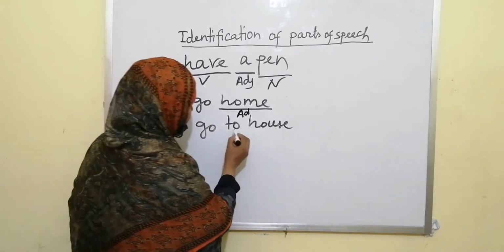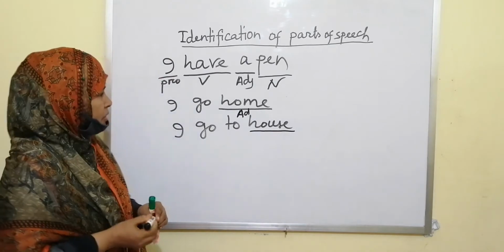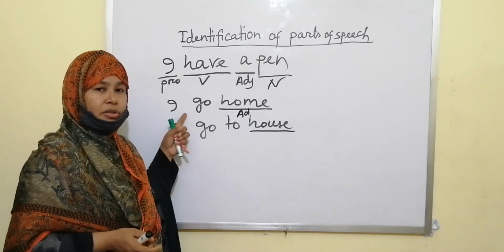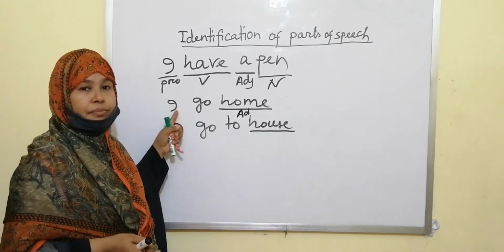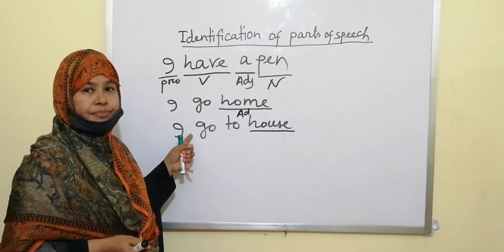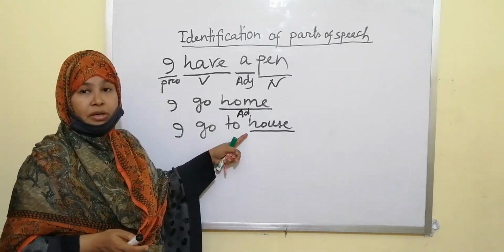I go to house. Dear student, you see that there are two sentences here. The meaning of the two sentences is the same, but their uses are not the same. You know that any name is noun.